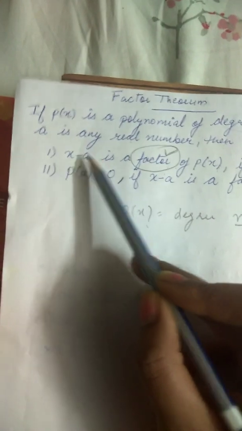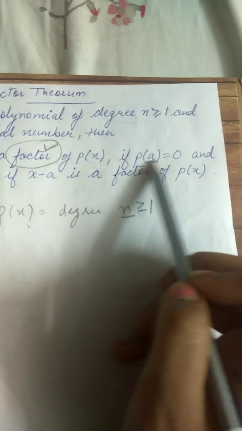So this factor theorem is the same. This factor theorem says that x minus a is a factor of p(x) when p(a) is 0. Yes, as here p(a) is not equal to 0, so we can say that this is not a factor of that number.